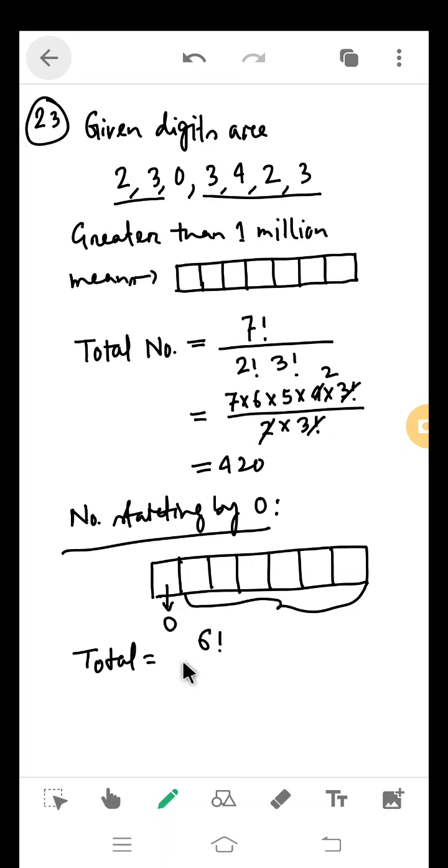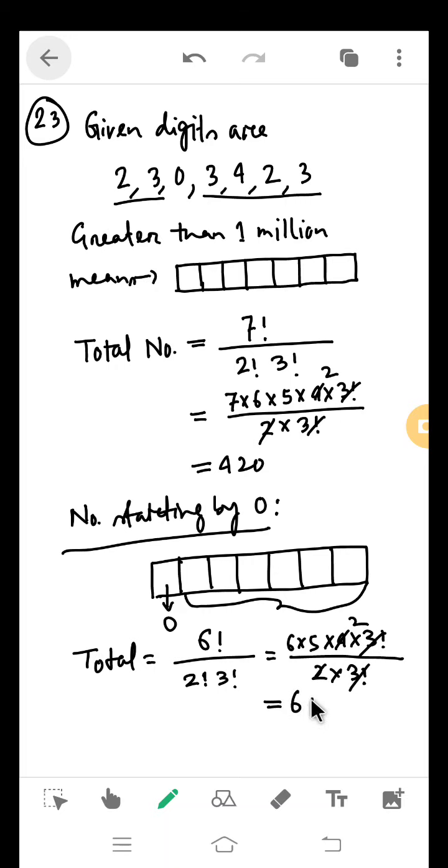So in this case, 6 digits are there, so 6 factorial divided by 2 factorial and 3 factorial. Obviously it will be 6 times 5 times 4 times 3 factorial, divided by 2 times 3 factorial. If you cancel, how many? 60.